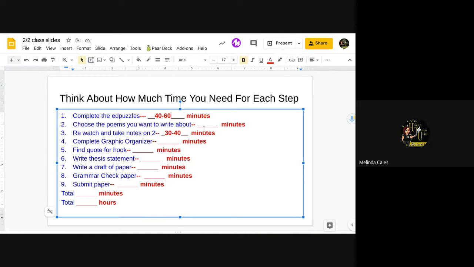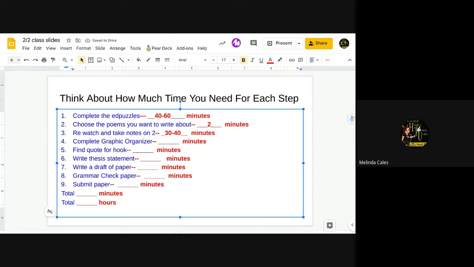How long do you think it's going to take for you to then pick the 2 that you want to write about? Realistically. I'm going to be honest. It's probably going to take you minimum around 2 to 5 minutes. We'll change that to a 2.